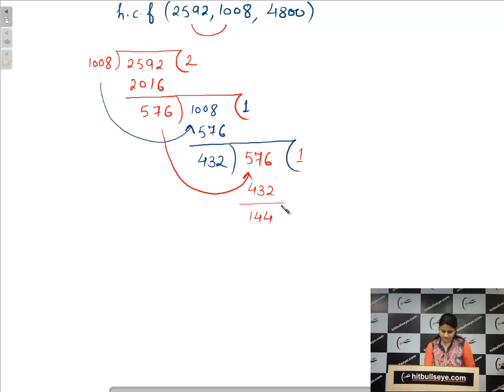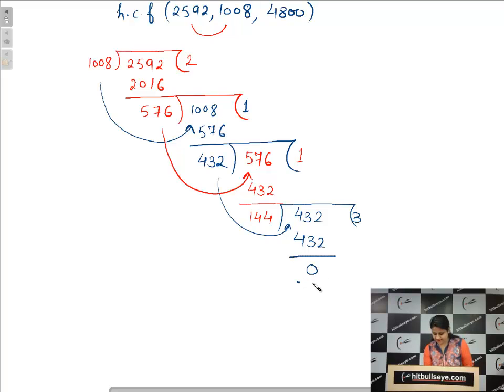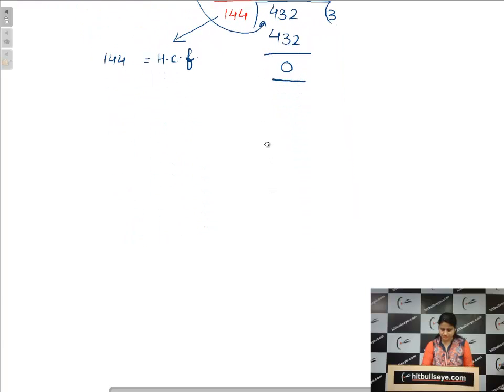Once again we will do the division. Now in this case we are getting 0 as the remainder, so the latest divisor will be the HCF. So what will be the HCF? That is 144. Now I'll take the third number, which was 4800.